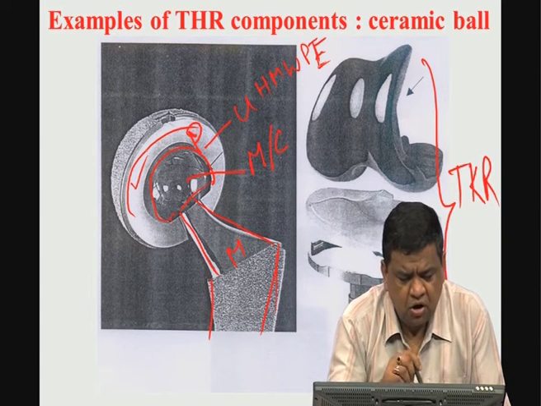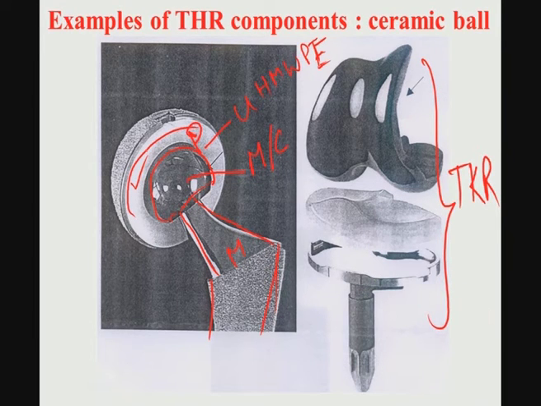In order to avoid that kind of situation, one has to have a very smooth polished surface of the femoral ball head, and this polishing is a very important thing, and since it is a geometrically complex kind of curvature and so on, this polishing is not an easy thing like flat sample polishing in case of traditional metallurgical techniques. So, this polishing itself is a challenge in case of the femoral ball head.